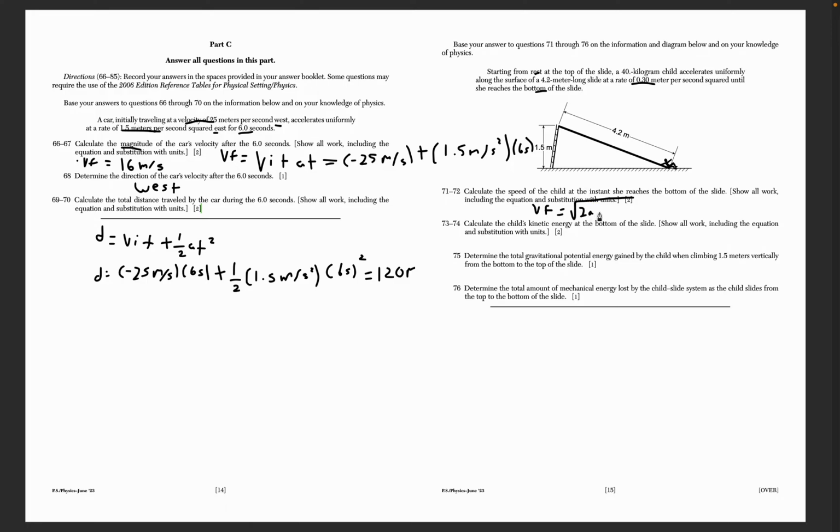2AD, because VI, the initial velocity, is 0, so just 0 squared would be 0. VF is equal to the square root of 2 times 0.3 meters per second squared times the distance of 4.2 meters.